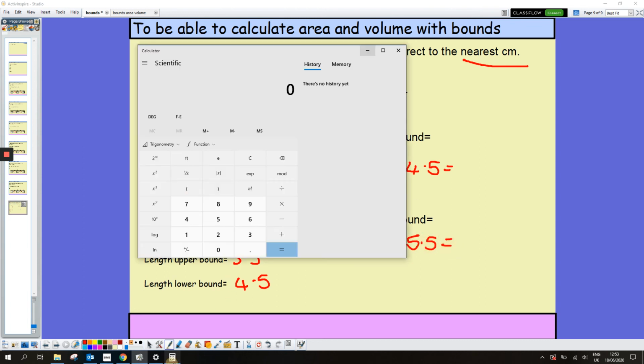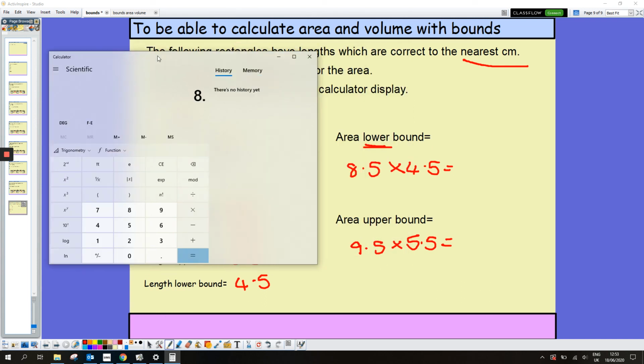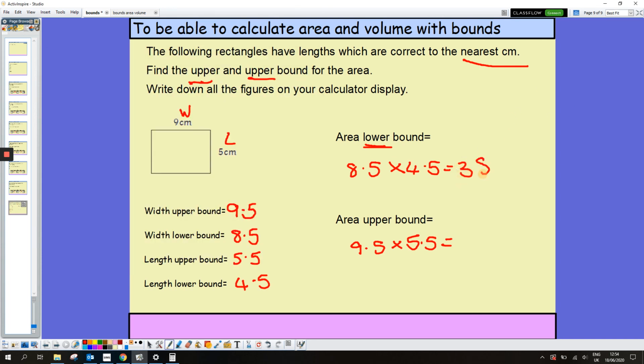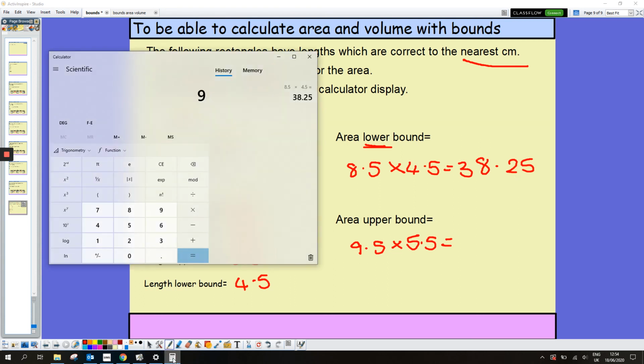So if I grab the calculator, 8.5 times 4.5 is going to leave me with 38.25. And if I do the other one, 9.5 times 5.5 is 52.25.